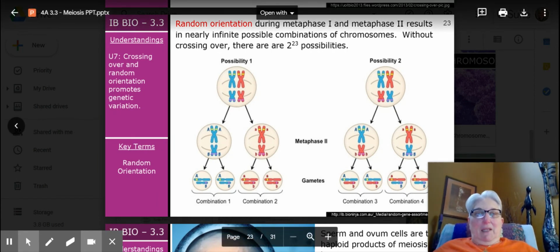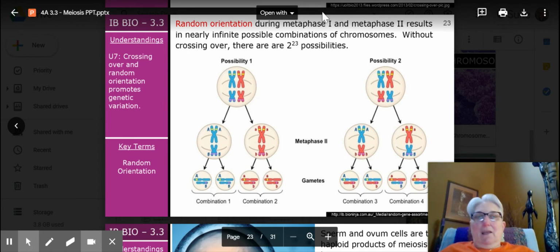Now, that's a big number still, but it is a very finite number. But with crossing over, those numbers of possibilities, as far as variation goes, become infinite. We can have a large number of things going on there.